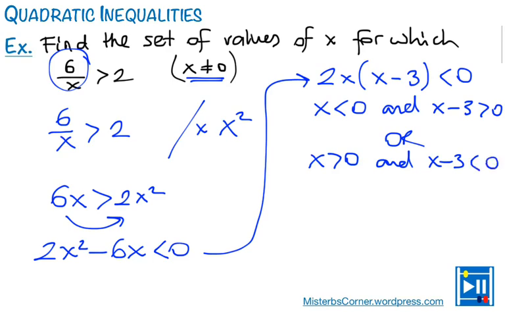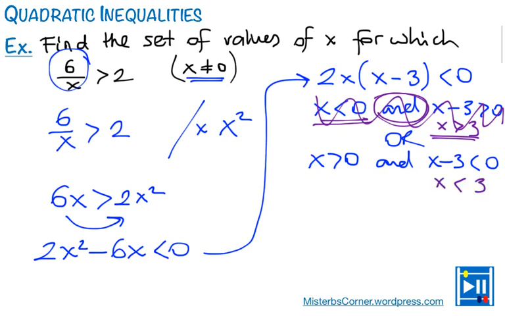So let's test this. Well, if x minus 3 is greater than 0, x will be greater than 3. Now, it is impossible to be a negative number and bigger than 3 at the same time. So this option does not make sense. So I have x is greater than 0 and x is less than 3.